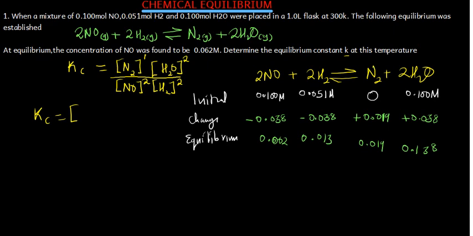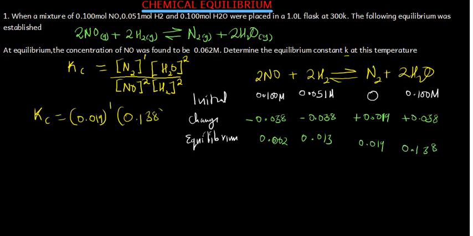First we have N on top, so N is 0.019, raised to the power 1. And then the concentration of water vapor at equilibrium is 0.138. If this was liquid water, we wouldn't have used it, so only use those in gases.